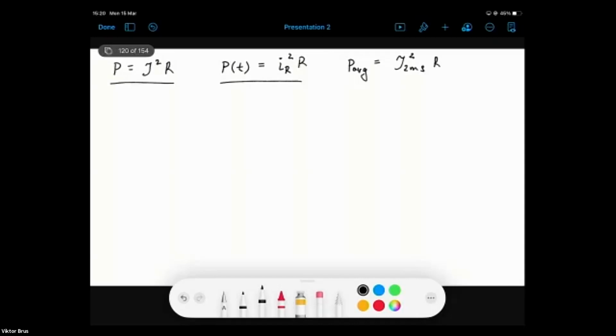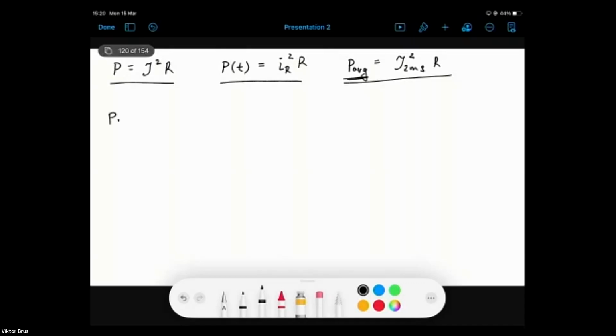From here, we will get what value for this I_RMS we need to take when we deal with sinusoidal alternating current. So now let us calculate this average power delivered to the resistor in an AC circuit with sinusoidal current.